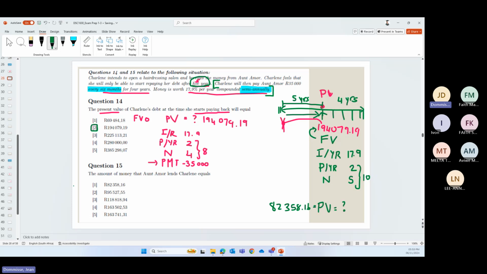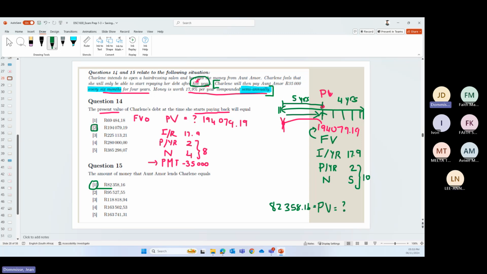Okay, so 82,358.16, which is option 1. Okay, so again, I think very important in this question was more around, we first need to work out what is that present value.